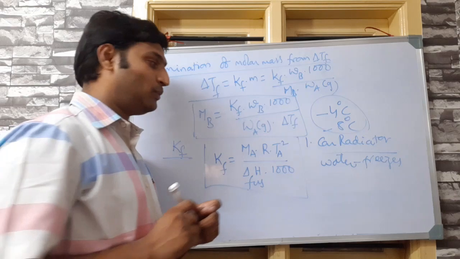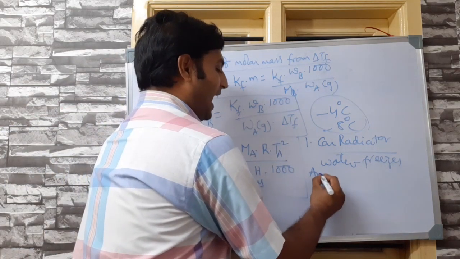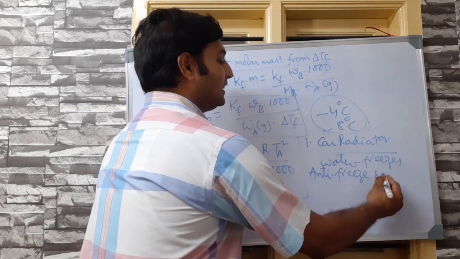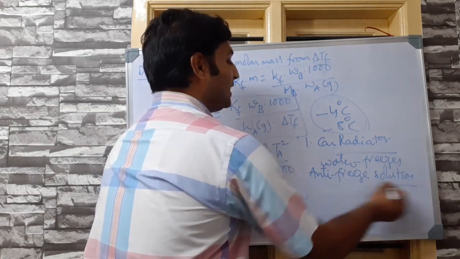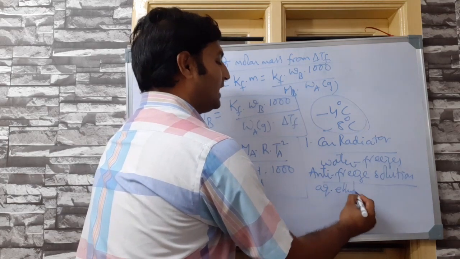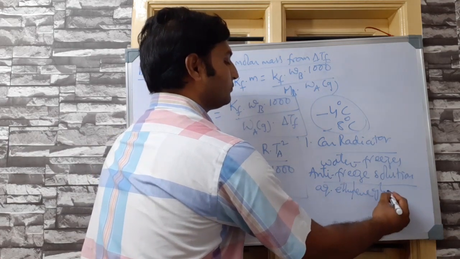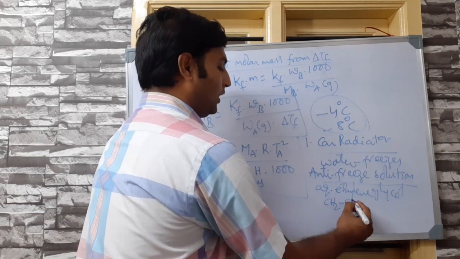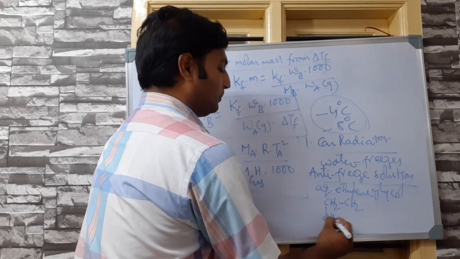That's why they add an antifreeze. I mean, instead of using pure water, they use an antifreeze solution. The antifreeze solution is nothing but aqueous solution of ethylene glycol. Remember, we have understood that ethylene glycol is highly soluble in water when I was teaching you concept of solubility.